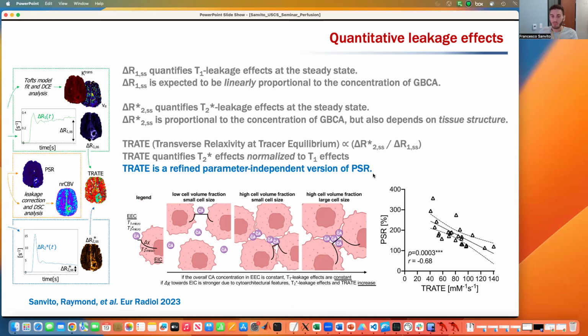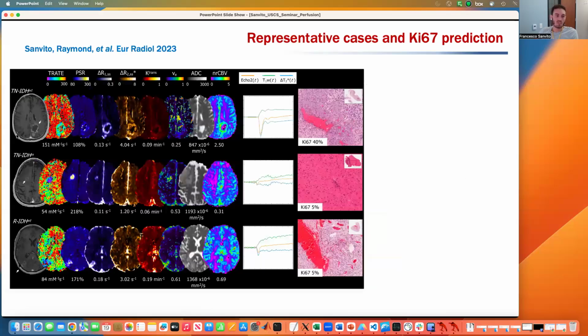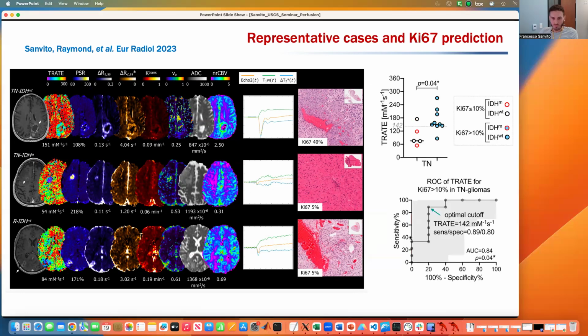The difference is that PSR is going to change when you change the flip angle and whatnot, but TRAIT should not change because it's based on quantitative estimates of delta R1 and delta R2 star. Let's skip the speculations about the biological explanations because it's a bit speculative. This is just an example of how you can calculate all of these quantitative metrics, including K-trans, CBV, TRAIT, and whatnot from the same sequence.